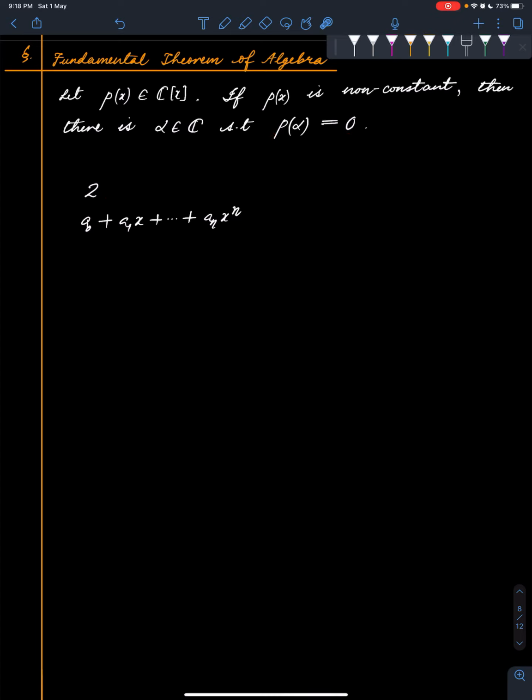Well, first I have to say what I mean by this notation. So if we have a polynomial, let's say this is my polynomial P(x), then by P(alpha) we mean this complex number, which is obtained by substituting alpha for x.